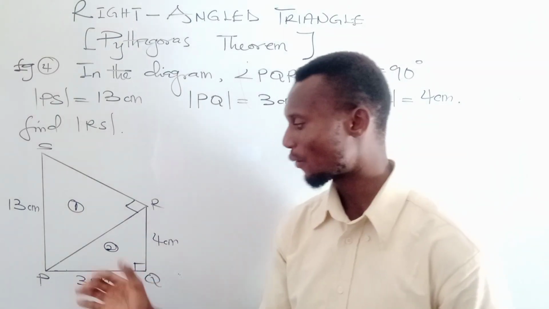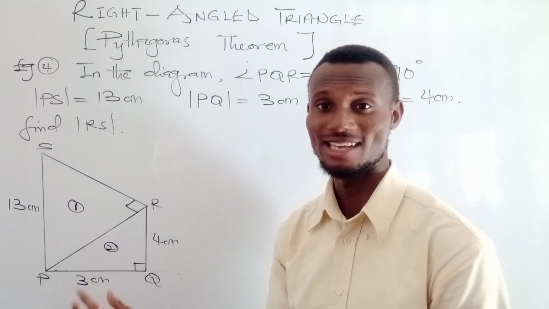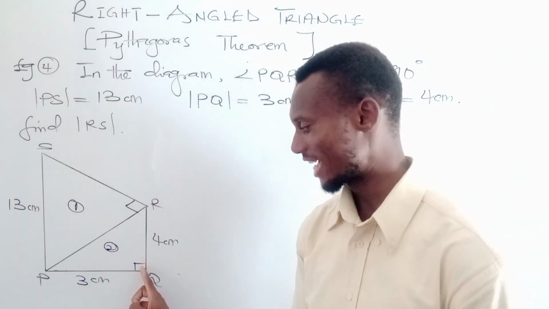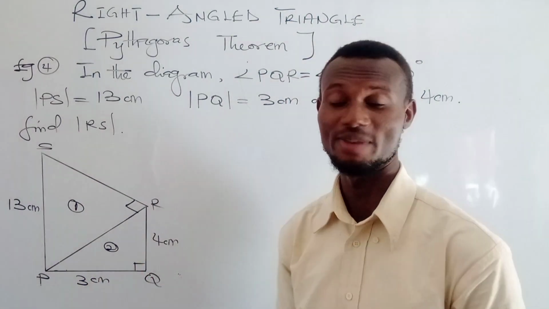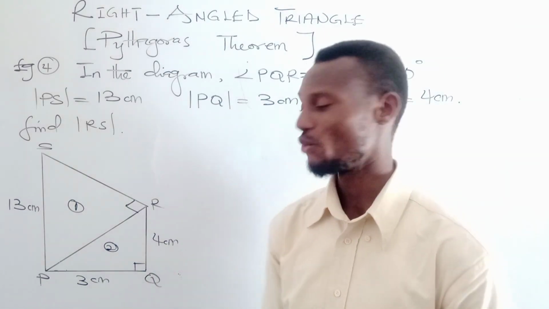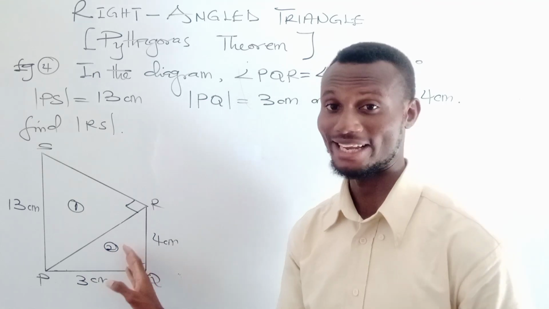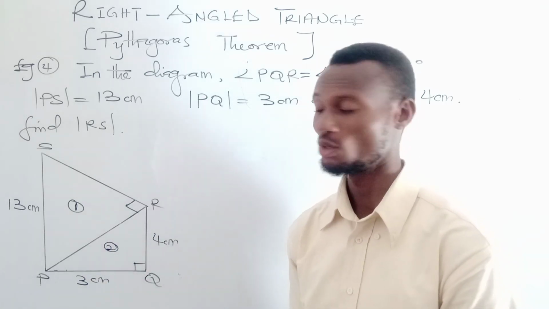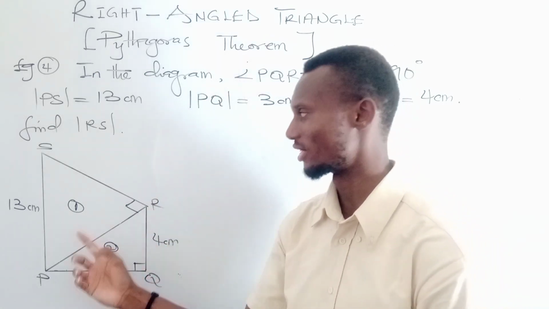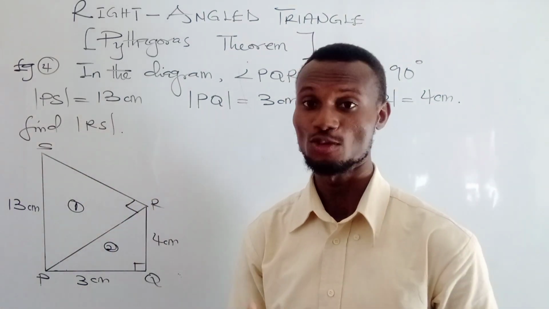We are going to consider the second triangle, which is a right angle triangle because a 90 degrees angle is formed here. Using the Pythagoras theorem, we are going to find the line PR from this second triangle. Afterwards, we'll use that value to find line RS, which the question is asking us to find.